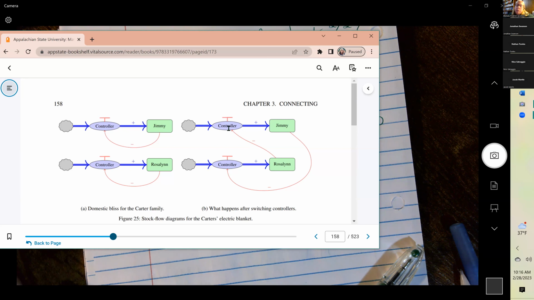So it keeps increasing and increasing in the heat because they're not reading them properly. And that's why they're not getting a stability or a comfort level. So this is one big loop, where this is two separate ones.